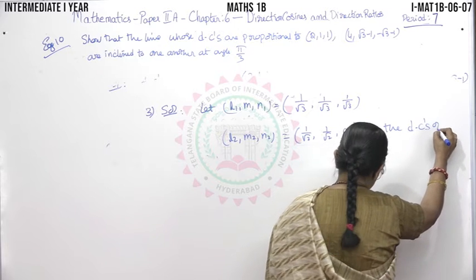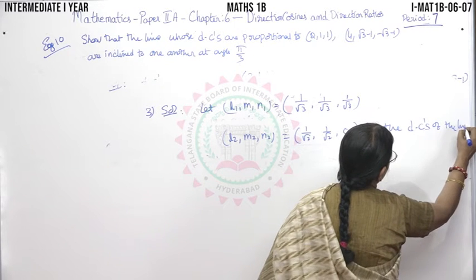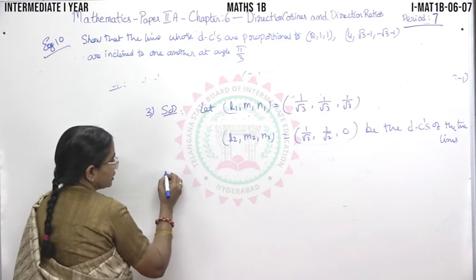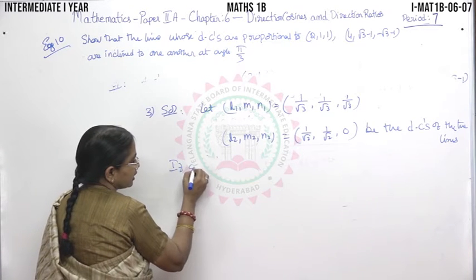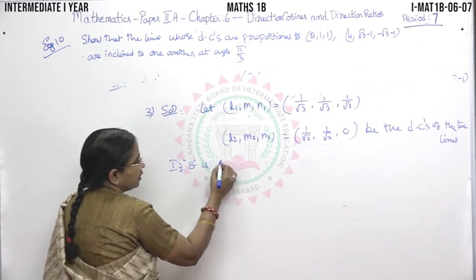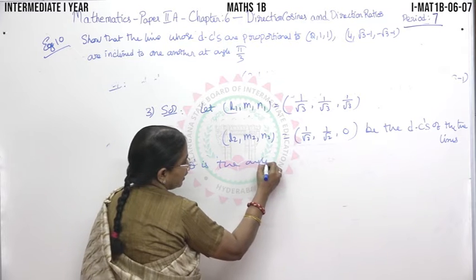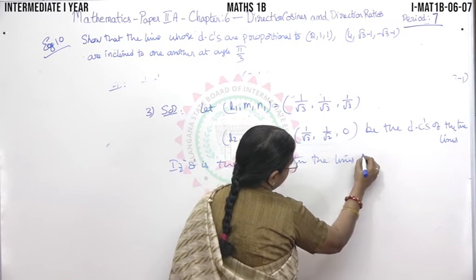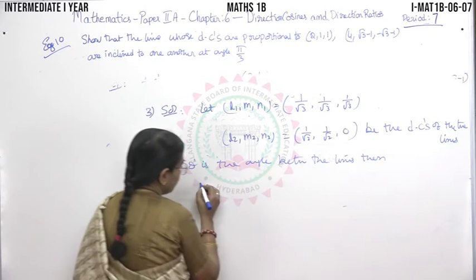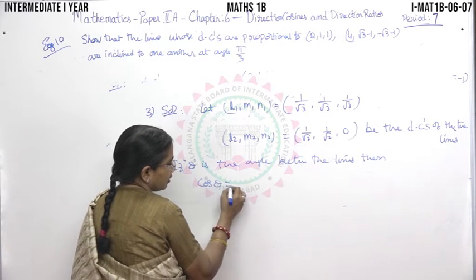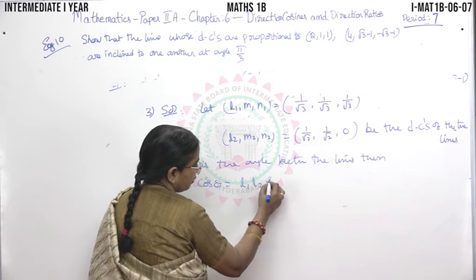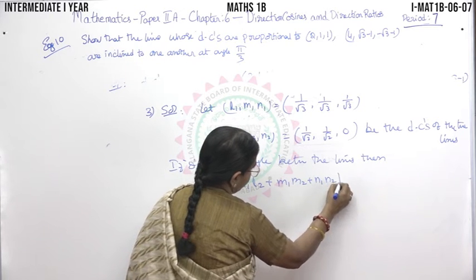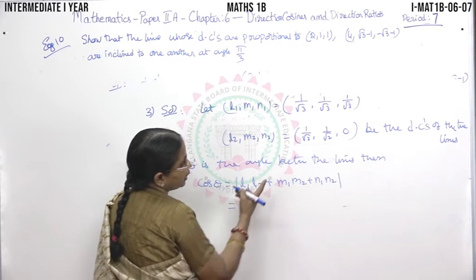Now we'll write cos theta. If theta is the angle between the lines, then cos theta is equal to, you are asked to find cos theta, so just write L1 L2 plus M1 M2 plus N1 N2.